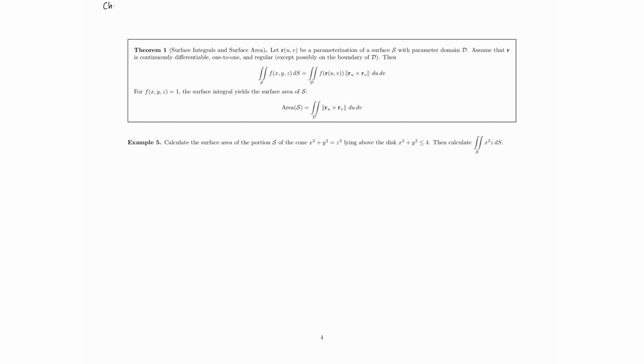In chapter 15, we did double integrals over portions of, let's say, flat surfaces, i.e. regions within a plane.